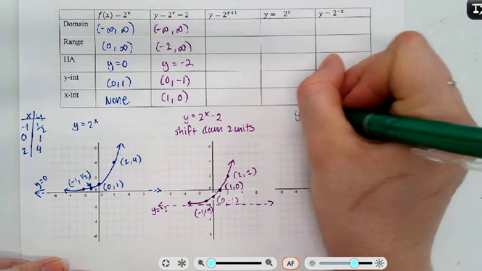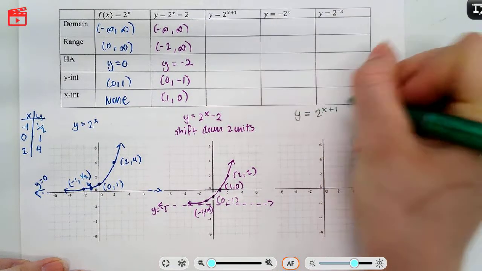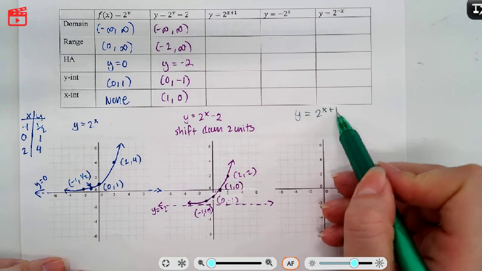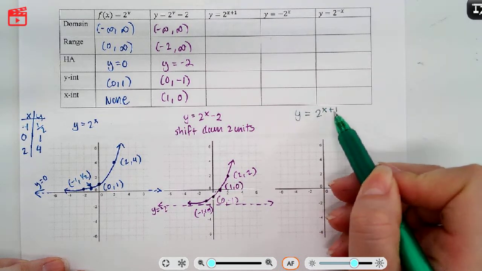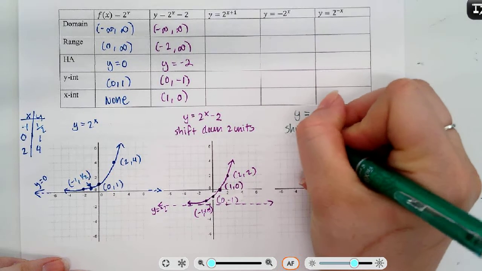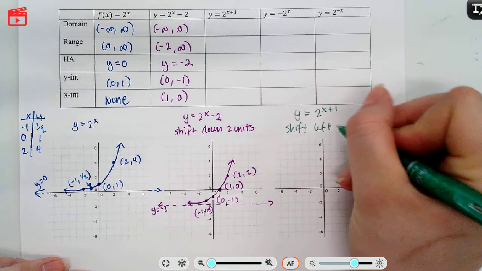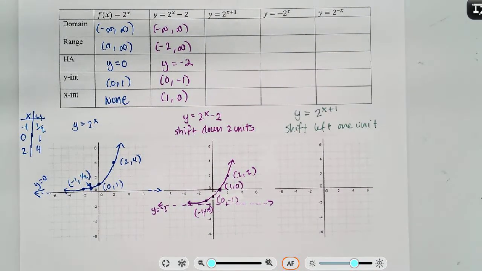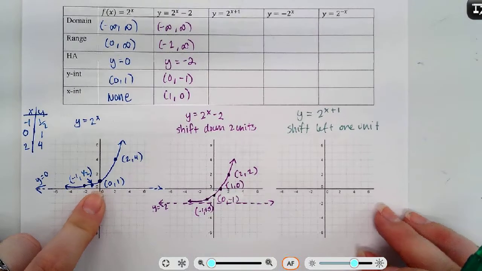Let's do this one in green. So this one is we're going to shift. Okay, so that's with our x values, so these are x movements. So that's going to be shifting left 1 unit from this parent graph.